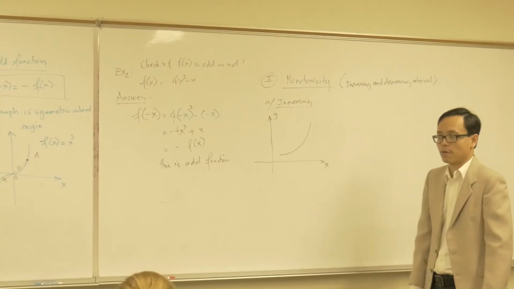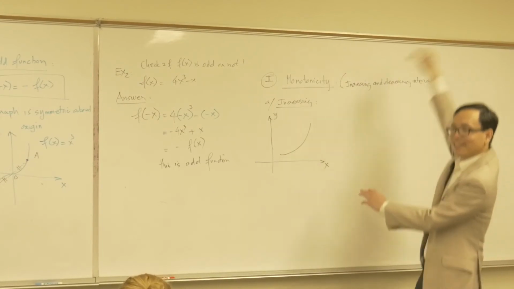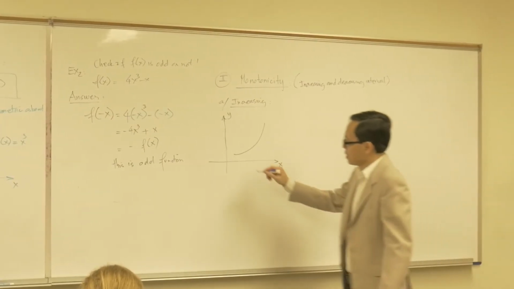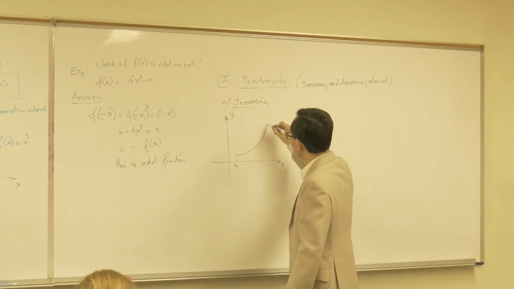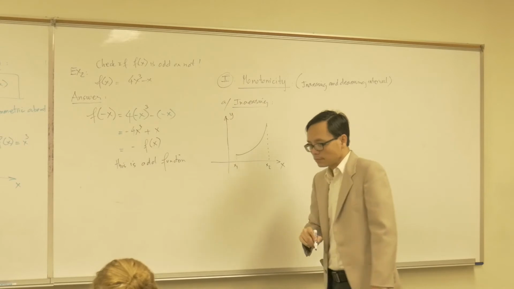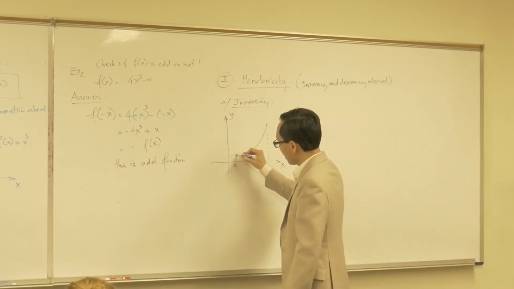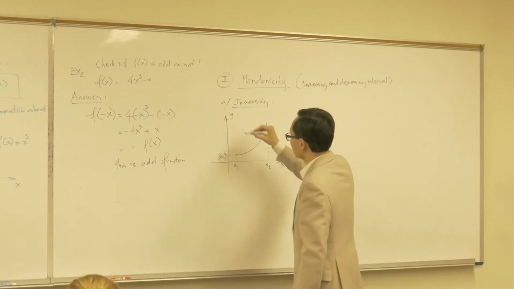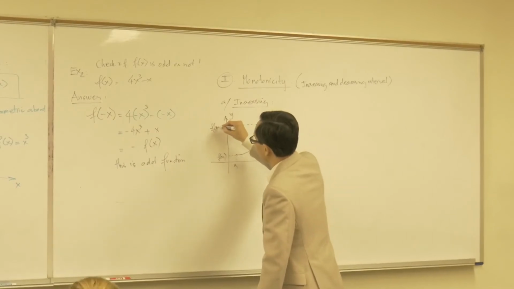Of course, by your observation, you see right away this is increasing. It's going up. Let me call the point here x1, over here x2, and the outputs here f(x1) and over here f(x2).